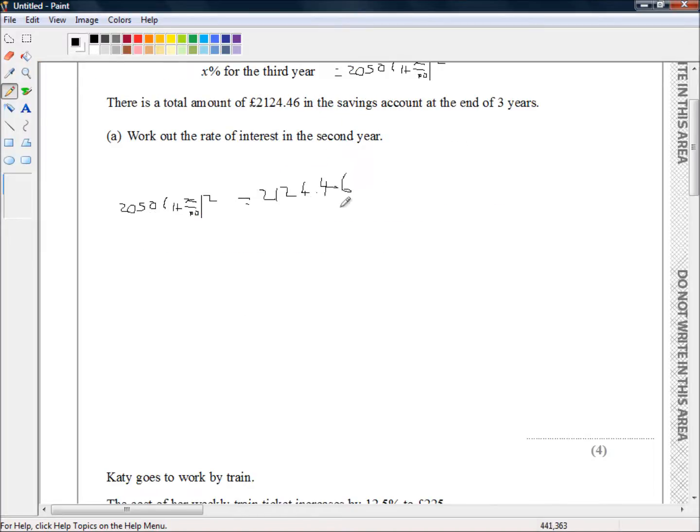So if we divide both sides by 2,050, so I just bring this down. You wouldn't be copy and pasting, but I'm trying to save time. You would just rewrite it out again. And then all we do then is square root both sides. So that means that if we get rid of the squared here, we can now get rid of the brackets.